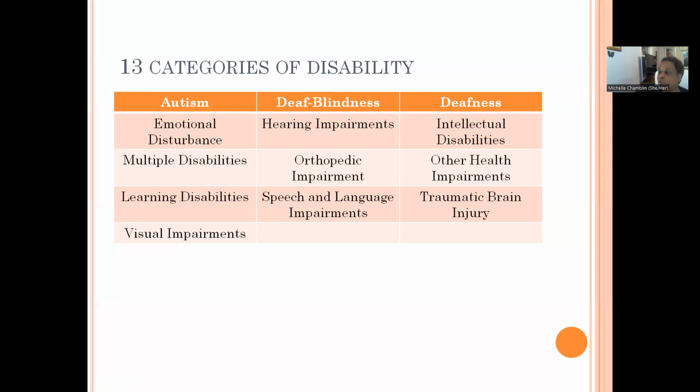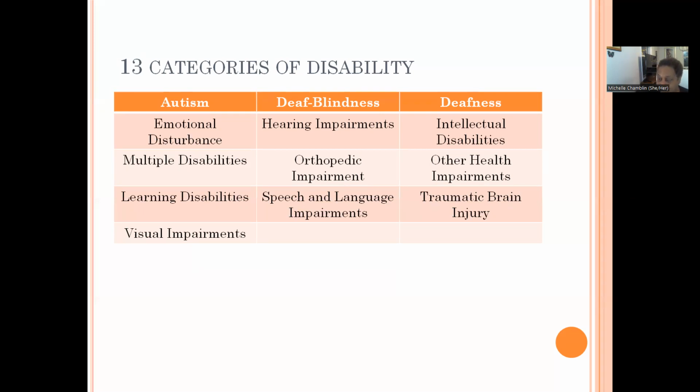To give you the quick summary, in order for a student to qualify for special education services, they need to be found to have a disability. The disabilities have to fall under one of these categories. It can only be one of these 13 categories.